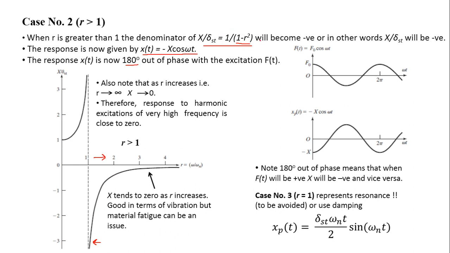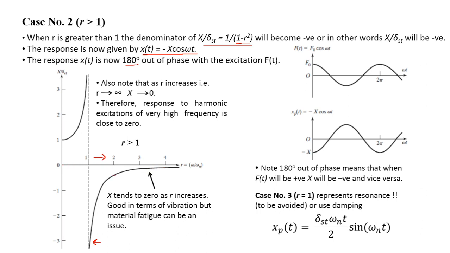This value becomes smaller and smaller, because this denominator is increasing as the value of r is increasing. So this curve starts to reach 0, and as r increases farther and farther from 1, this amplitude, the magnification factor, approaches 0.